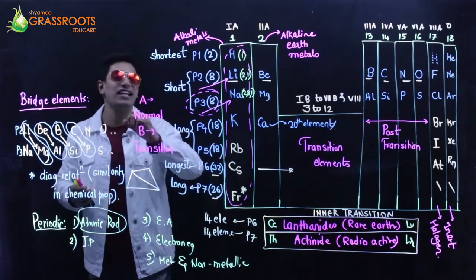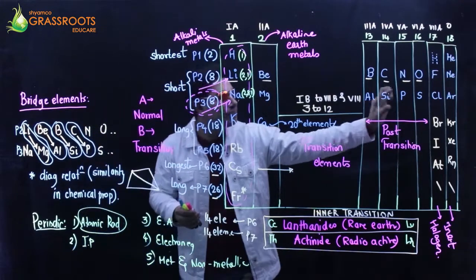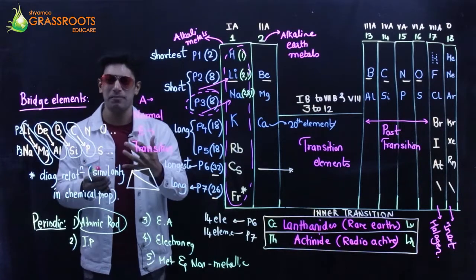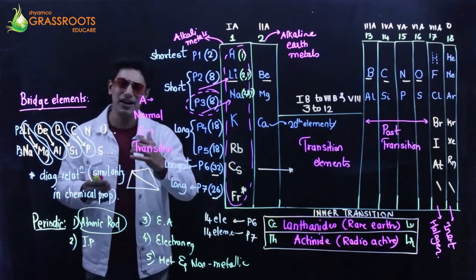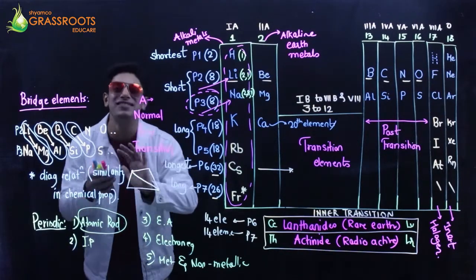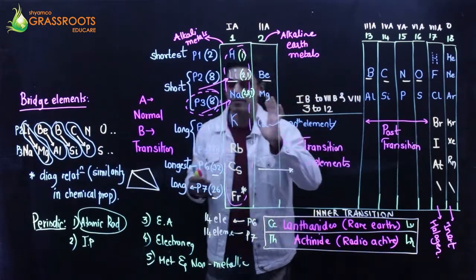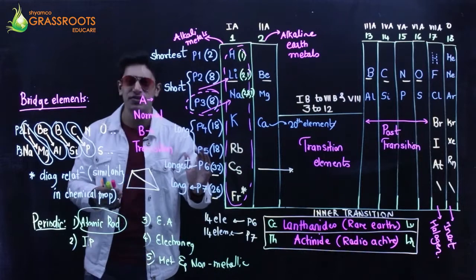I am going to take an example of the third period and the first group. And whatever I'm going to speak, that pattern, that theme remains the same for all periods and for all groups. Always remember, right? So just go through this, all right?